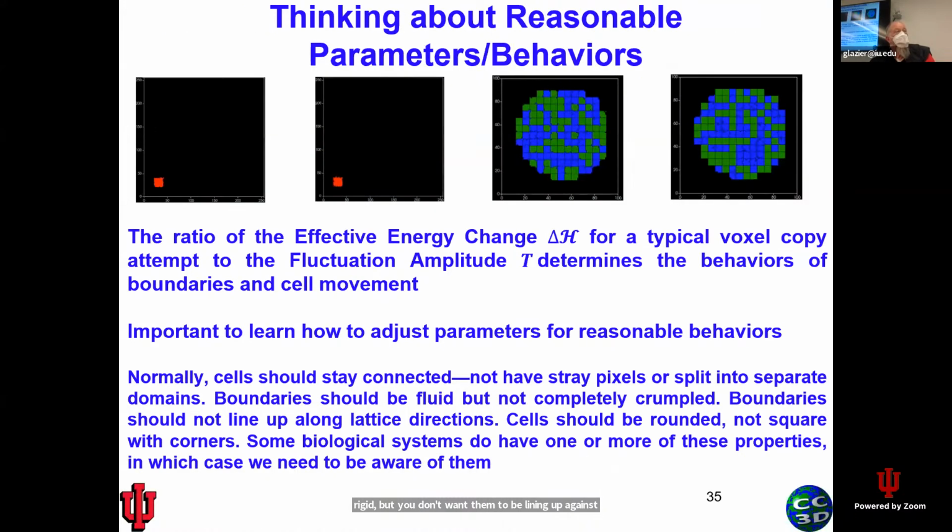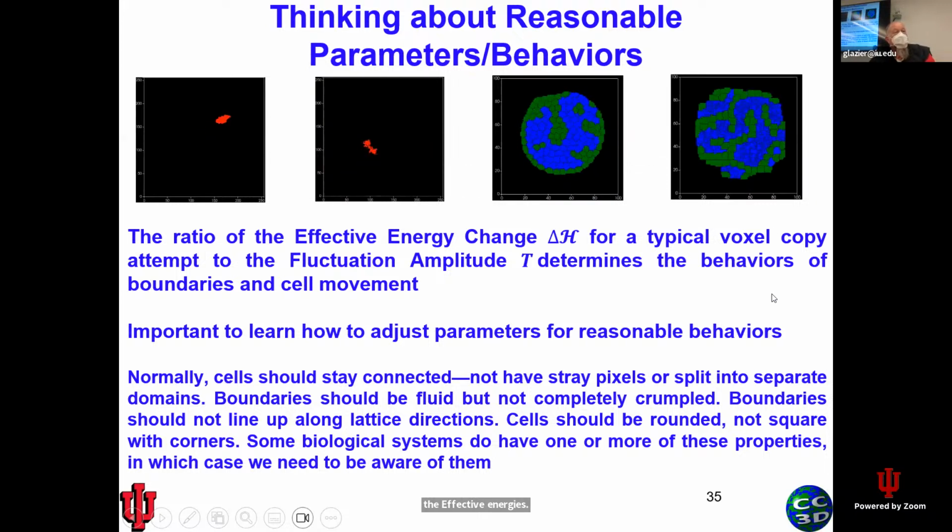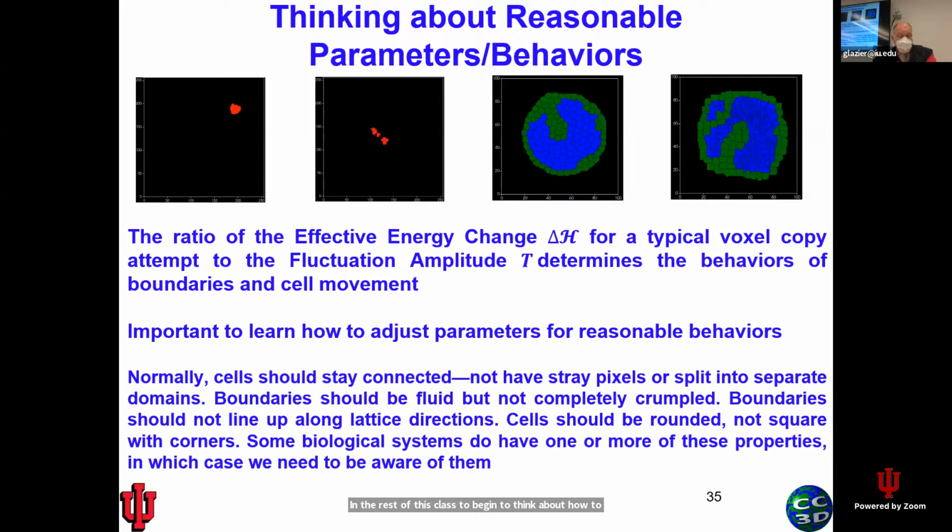Okay. And so again, the moral here is that it's the ratio of the effective energies to the fluctuation amplitude that determines the behaviors of the cells. And we're going to learn in the rest of this class to begin to think about how to set up cells that do what we want, that have the right amount of fluctuations, that have reasonable behaviors.